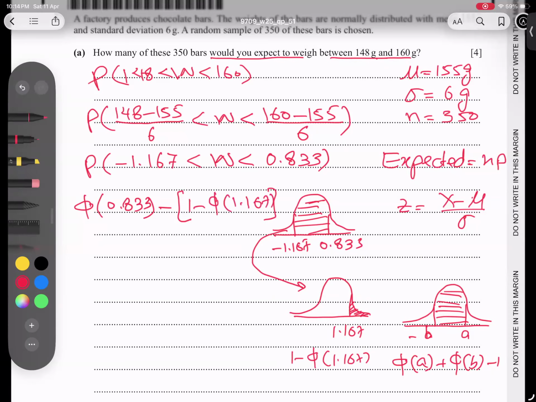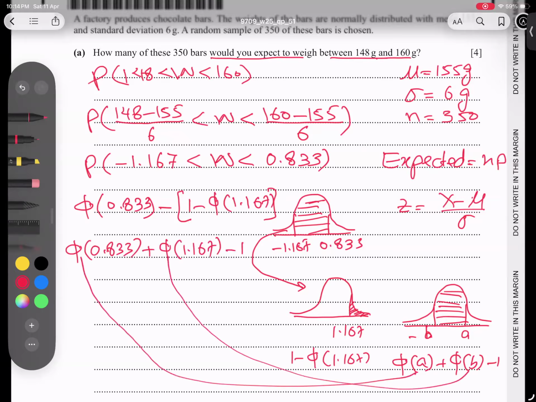If you open the bracket, students, what happens? 0.833, and negative into negative becomes positive, phi of 1.167 and minus 1. You see, students, it is the same now: two values and then minus 1. I hope the point is very clear, and I have done it even with you.